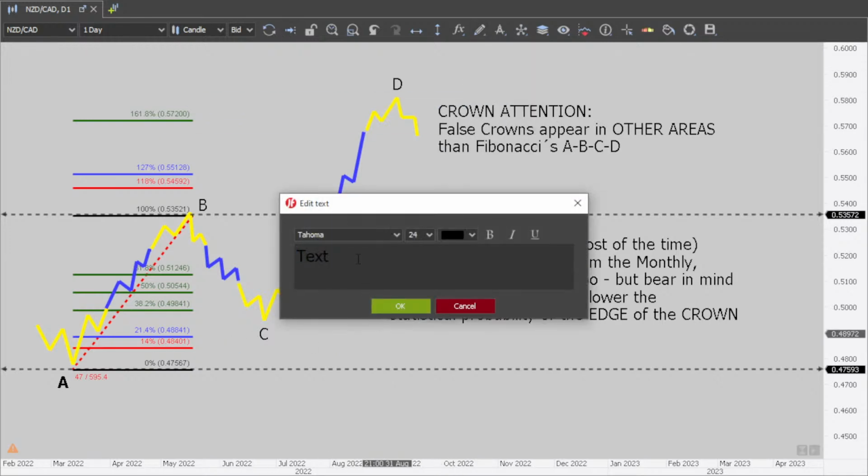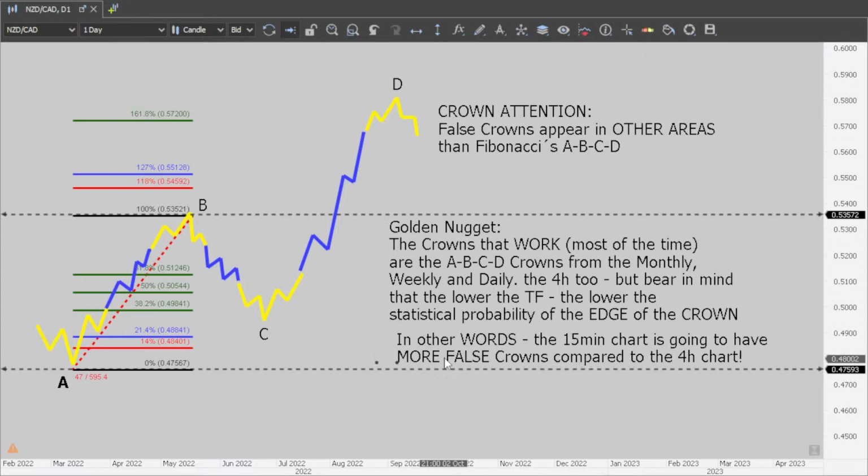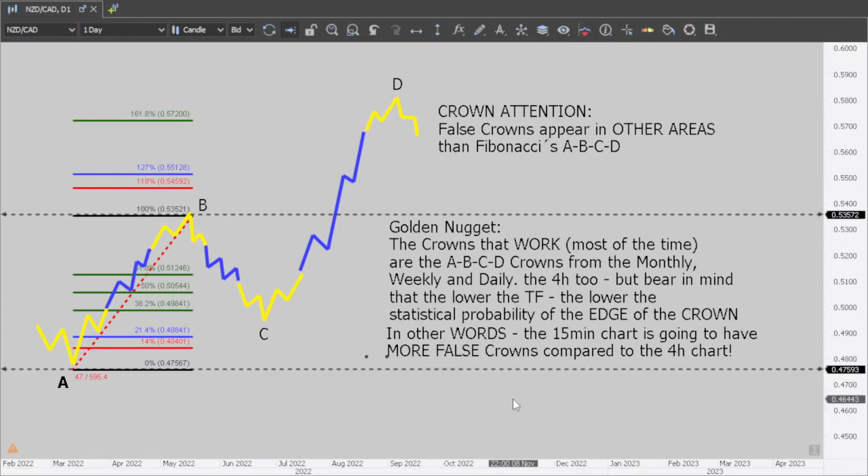The crowns on the 15-minute chart are going to have more false crowns compared to the 4-hour chart. Shola says, I can understand, everybody. In other words, the 15-minute chart is going to have more false crowns compared to the 4-hour chart.